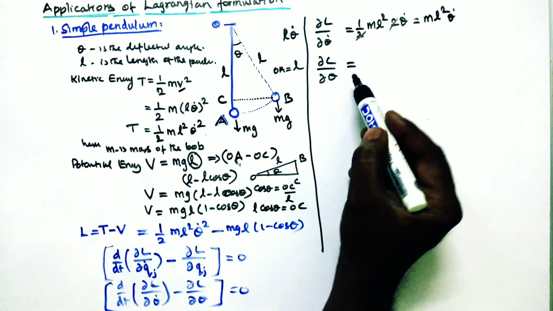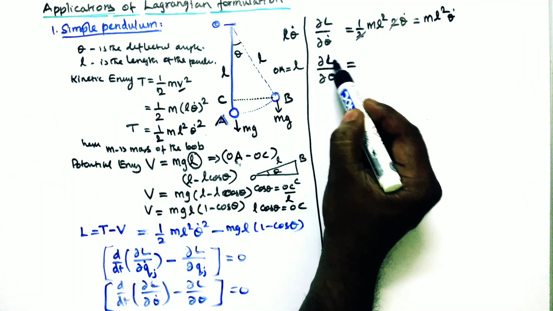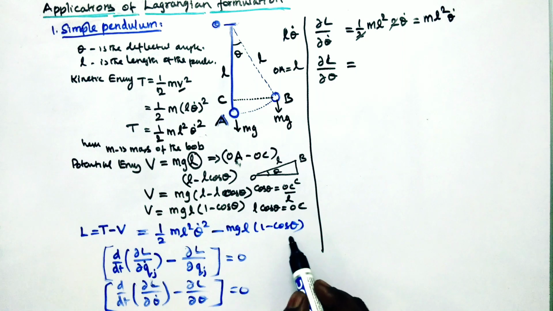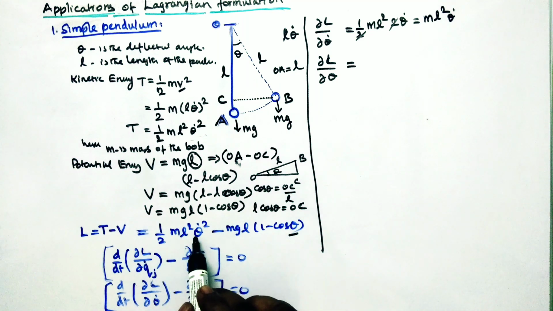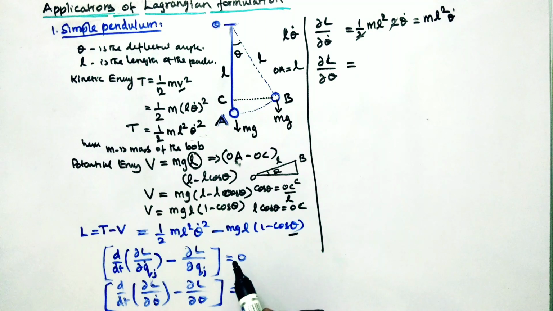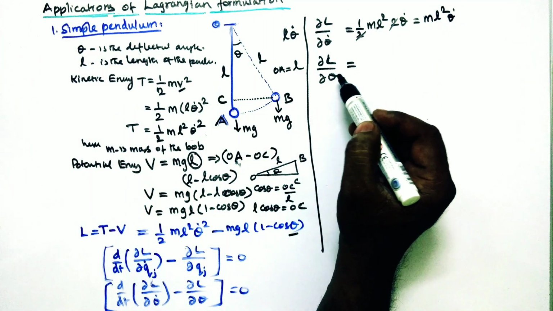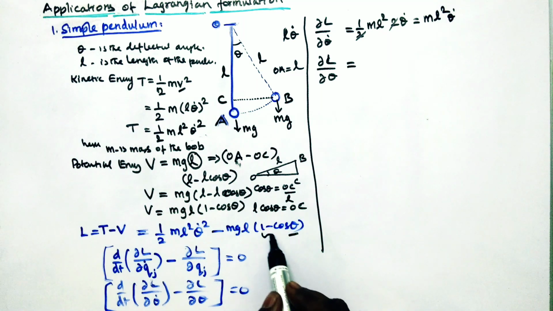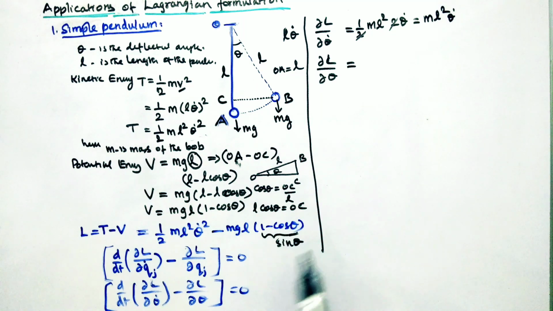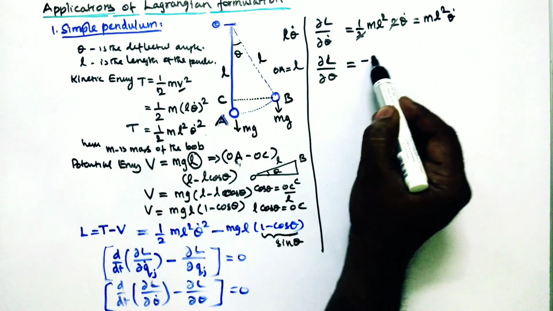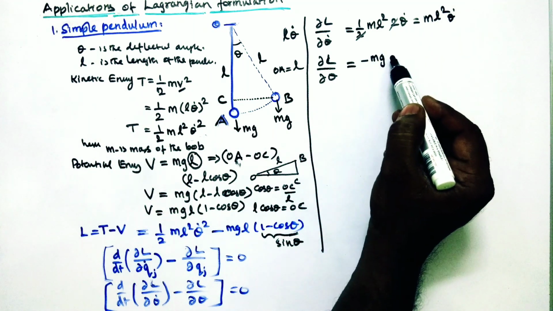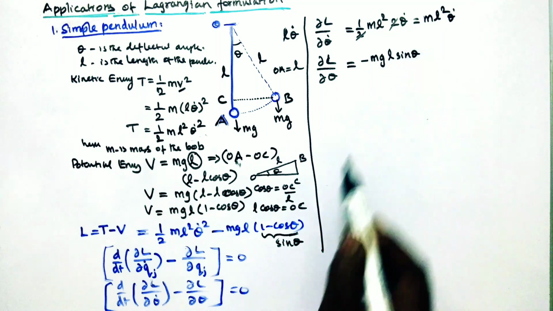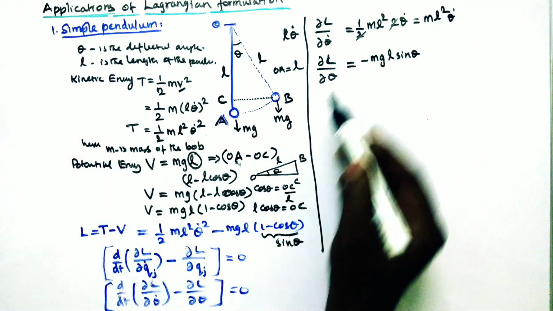And then here L is taken with respect to theta, so we take theta only, so the theta dot term will become 0, and then dou L by dou theta is equal to 1 minus cos theta differentiated, which is sin theta. Therefore minus mgL sin theta is the solution for dou L by dou theta.